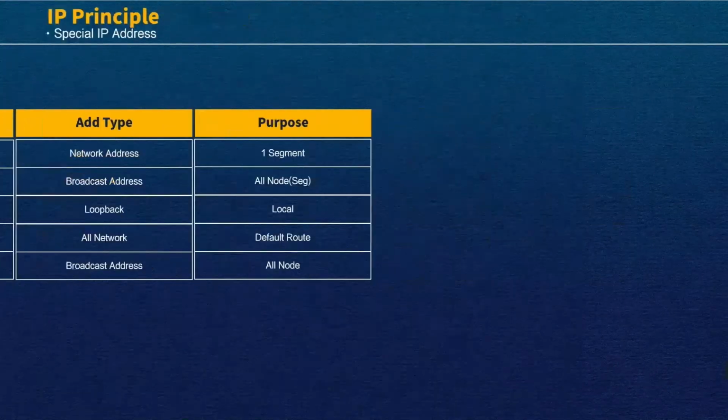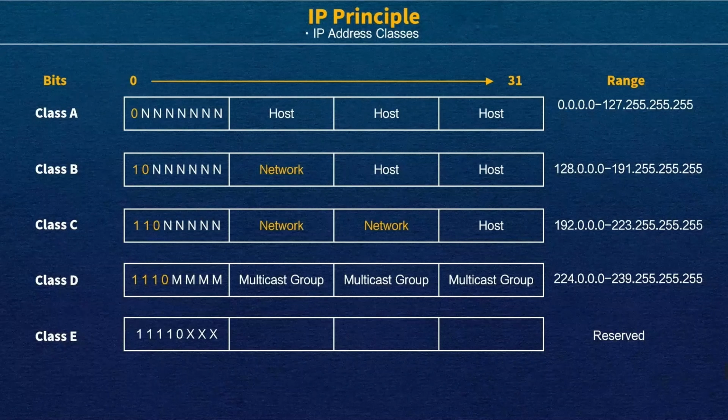So let's come back to the IP address classes. Class A, B, C, and E, right? According to the definition, we already gave the range. And then we have to delete the special IP addresses that cannot be used for the customer. The different one is Class A. The correct range is from 1.0.0.0 to 126.255.255.255, right?